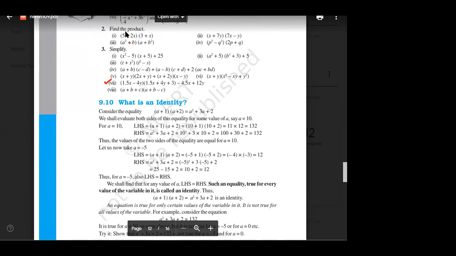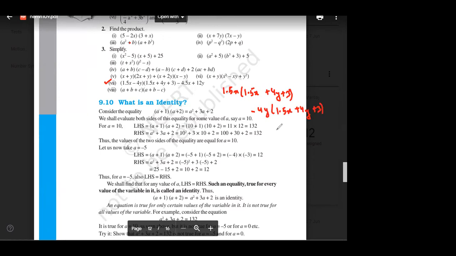So when we talk about this, what can I write? I can break the first term, which is 1.5x, into this whole term: 1.5x into (1.5x plus 4y plus 3), minus 4y into (1.5x plus 4y plus 3).